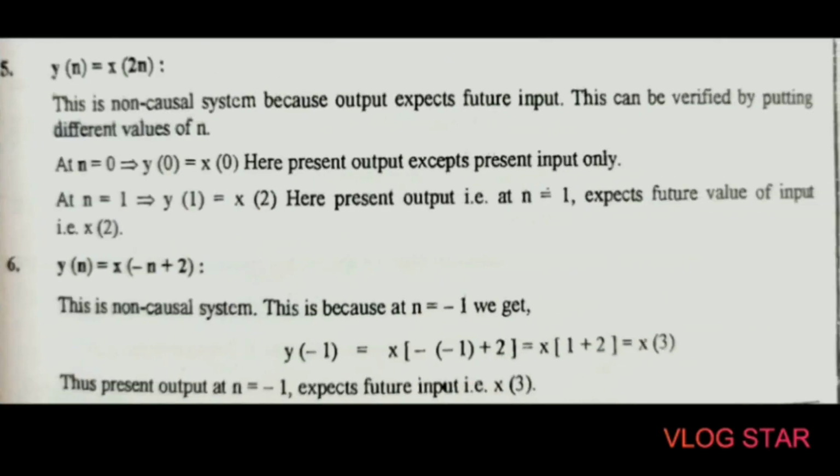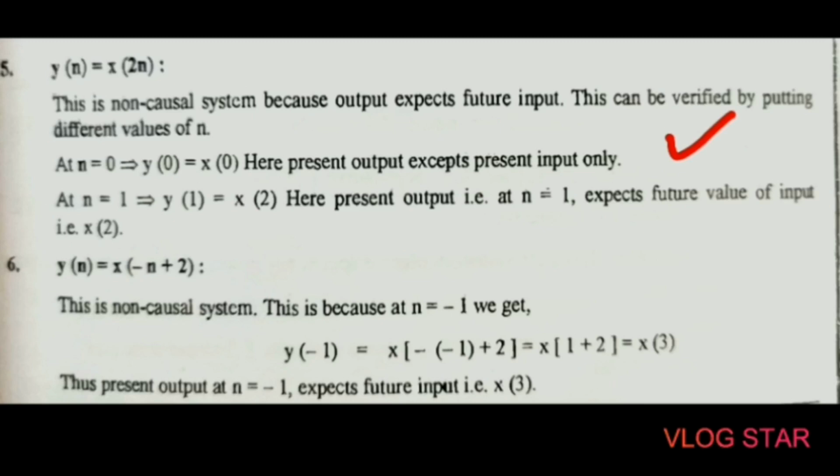In the next example, y of n is equal to x of 2n. This is again a non-causal system because the output expects the future input. This can be verified by putting different values of n. If n is equal to 0, then y of 0 is equal to x of 0. Here the present output accepts present input only.